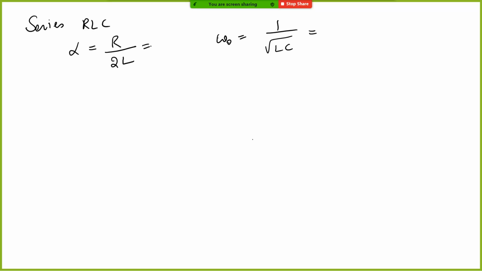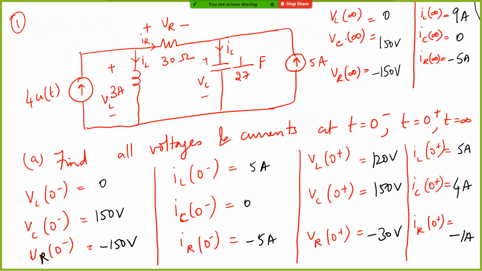So what's our alpha and what's our omega naught? Alpha is 5 second inverse, and omega naught is 3 radian per second.